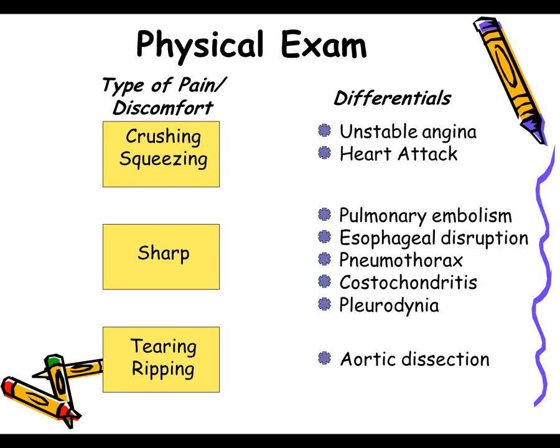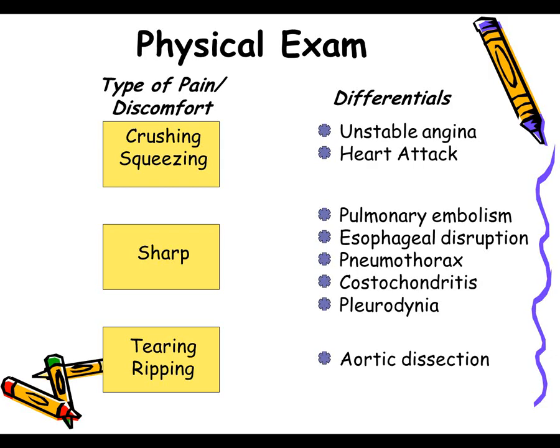If they tell you it's sharp or burning, like somebody's poking them with a hot poker, especially if it increases with breathing, then that's more like a pulmonary embolism or an esophageal tear or a pneumothorax or an inflammation of the intercostal muscles, or pleurisy. If they describe the pain as they felt something tear, or they felt something rip, that's typically seen in patients who have an aortic dissection.